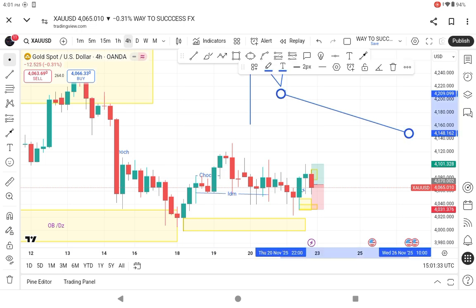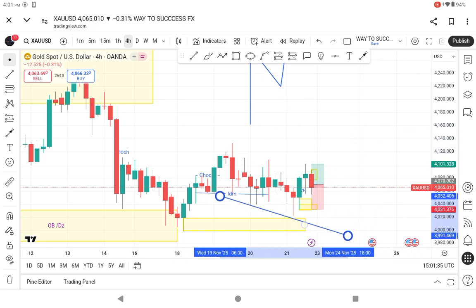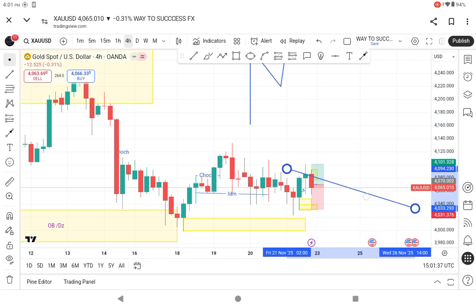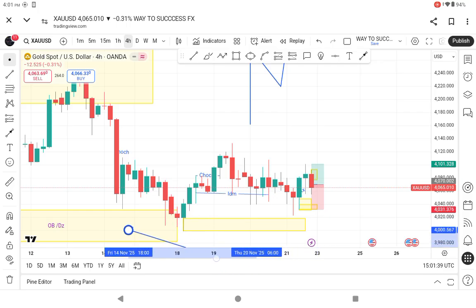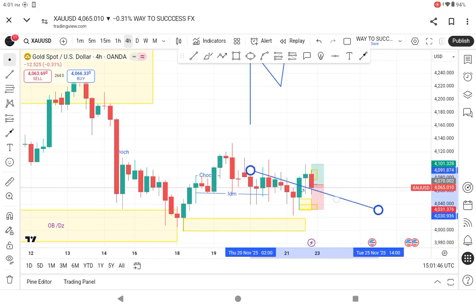Instead, I'm waiting for price to return to take out this low, which is where I marked as my engagement. So since price tapped in this order block in 15 minutes in H4, my order block demand zone, it started pushing to the upside.